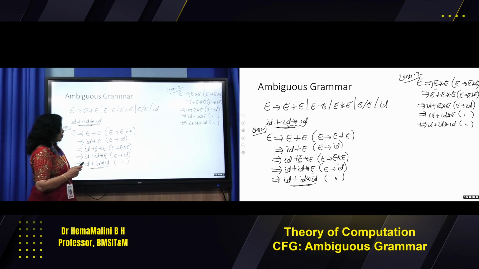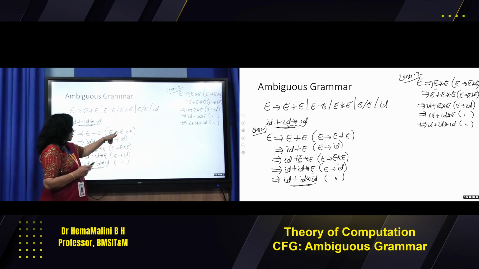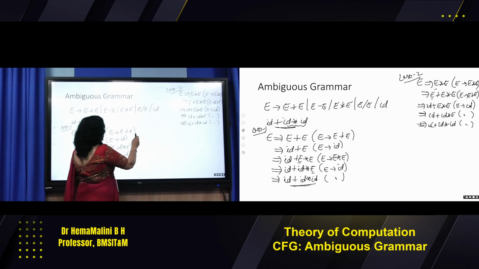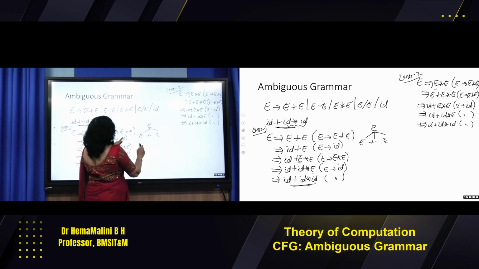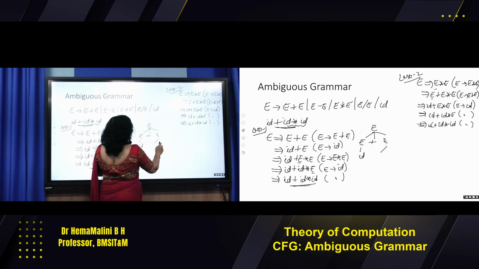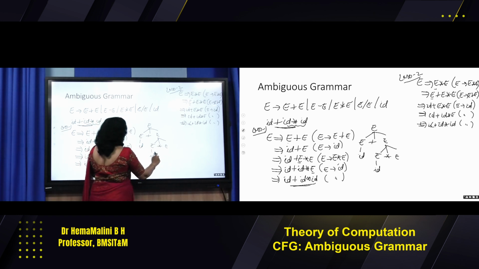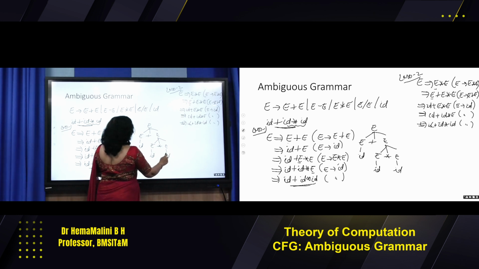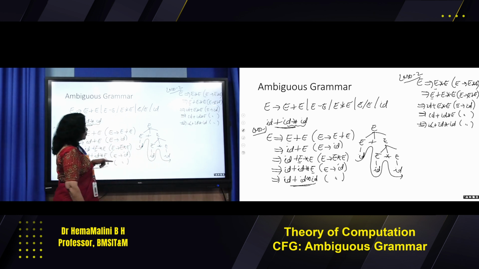Let us see how to make the parse trees. For making the parse trees, we have to see these productions. So E produces E plus E, LMD it is ID, this E produces E star E, then this produces ID, this produces ID, ID plus ID star ID.